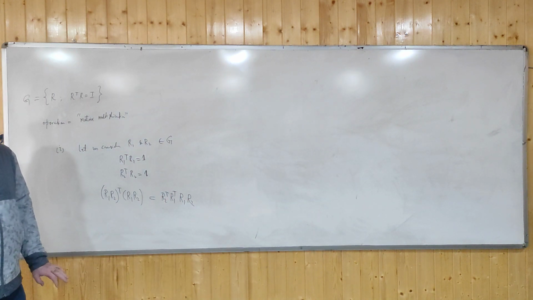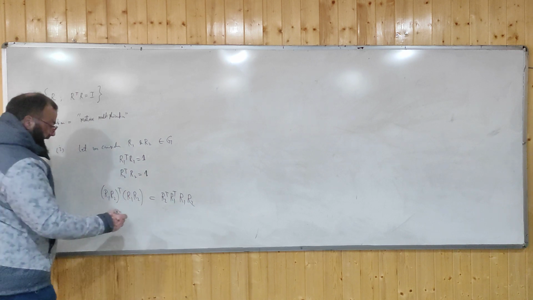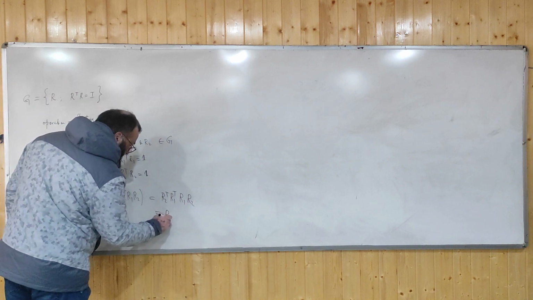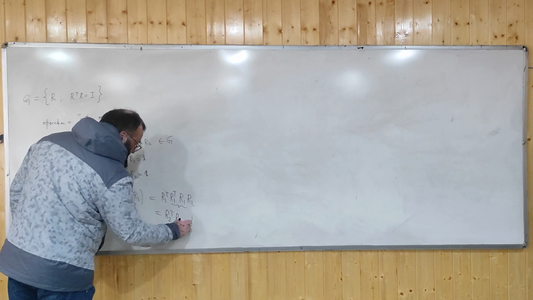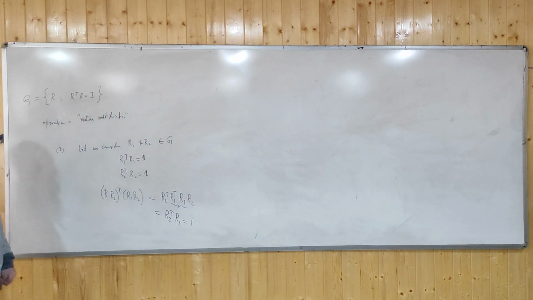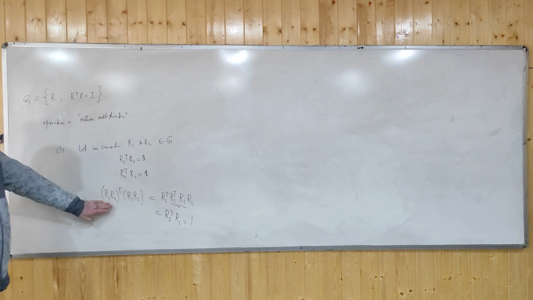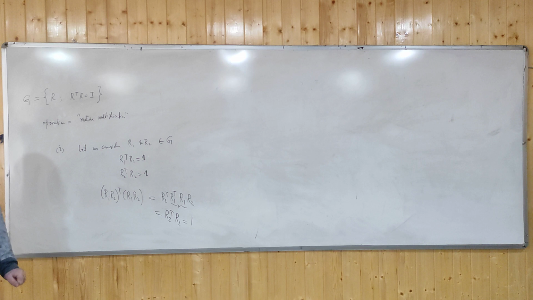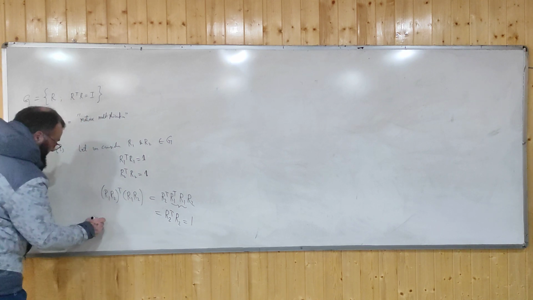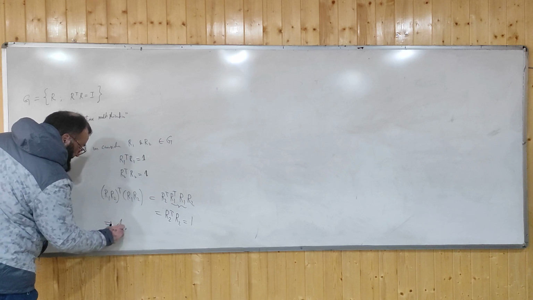So R1 transpose R1 is identity, and R2 transpose R2 is identity. What does it mean? It means R1 R2 is an element of this G. Got it? Because it satisfies this very condition, so it is closed.